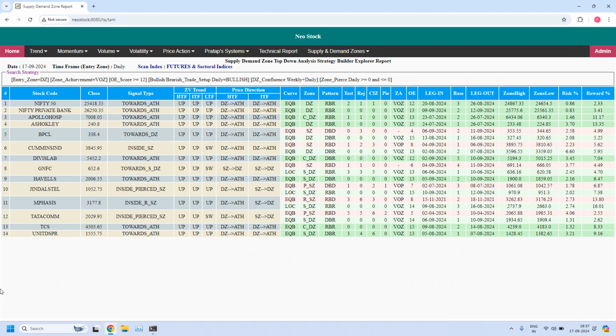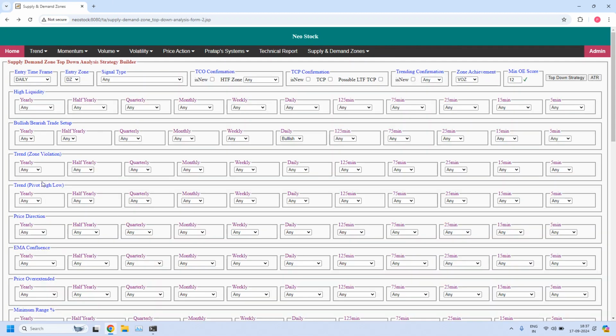Because weekly trend is uptrend, ITF trend, and daily zone part of weekly zone. If weekly zones are having weekly EMA confluence, that is a high probability trade setup. So I am going back in the EMA confluence, weekly time frame. I am looking for weekly demand zone with weekly EMA confluence.